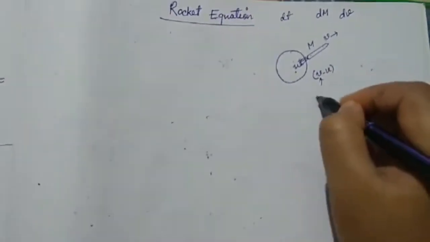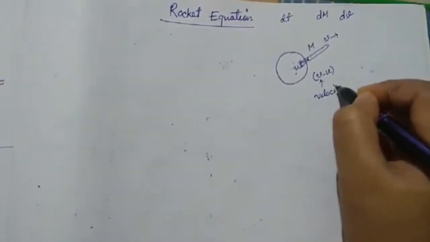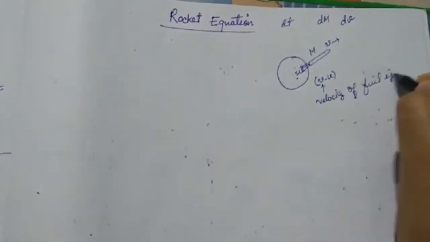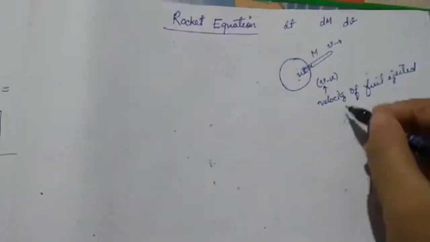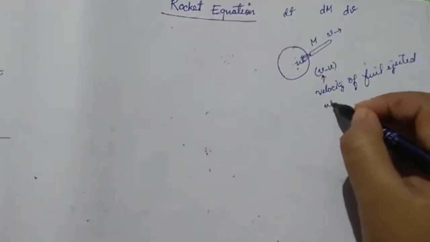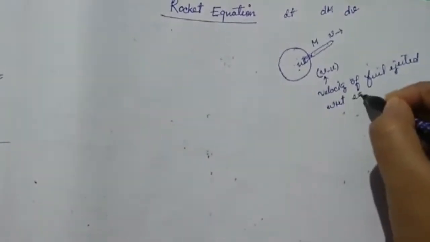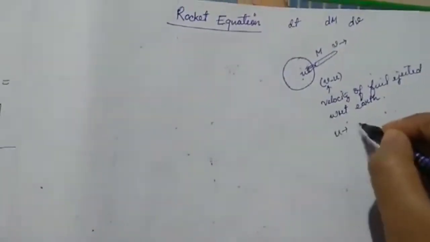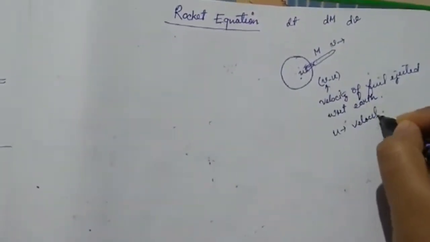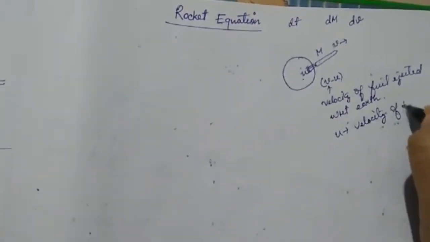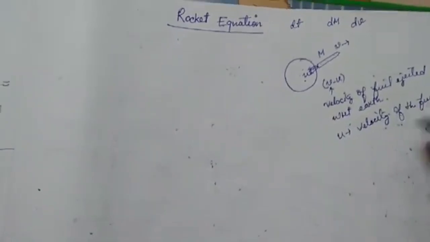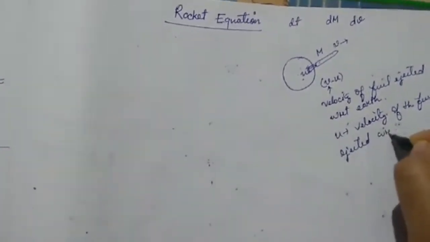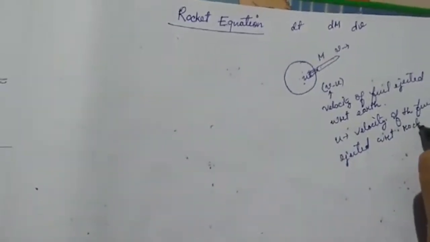So this is the velocity of fuel ejected with respect to Earth. U is the velocity of the fuel ejected with respect to the rocket.